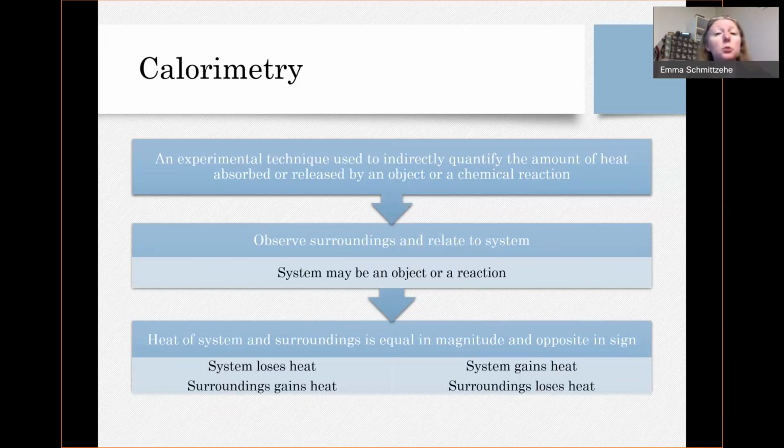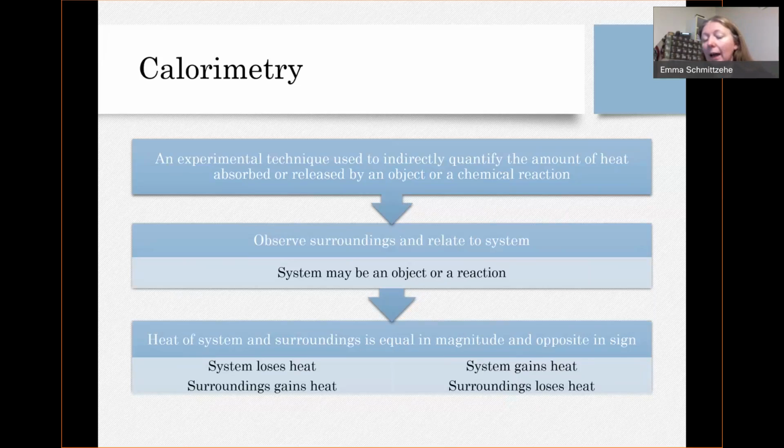The magnitudes are equal, the signs are different because the direction it's going is opposite. Same with if the system gained heat, that has to come from somewhere. That would be coming from the surroundings, and the surroundings thereby would be losing it. So really, this is just applying the conservation of energy, okay?